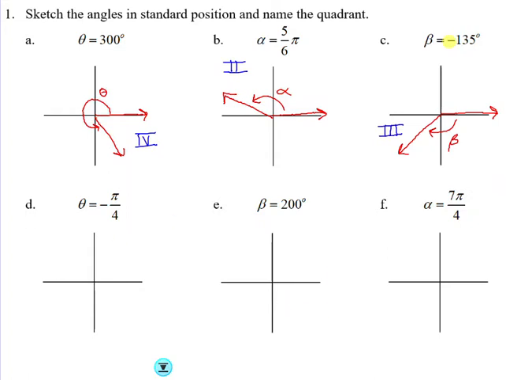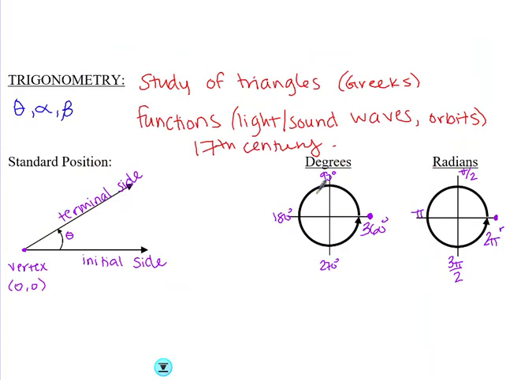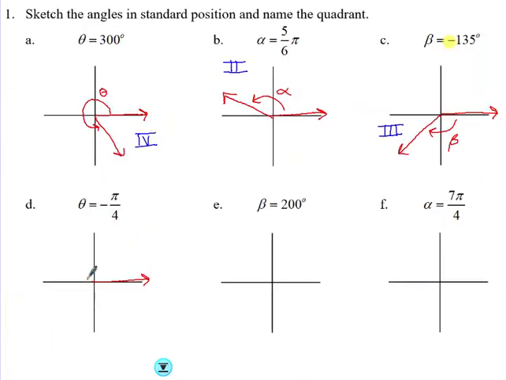Let's go on to part D. We have that theta is negative pi over 4. Our initial side is still the positive x-axis. We said that a quarter of a circle is pi over 2, or 1/2 pi, which means that pi over 4 is going to be half of that.